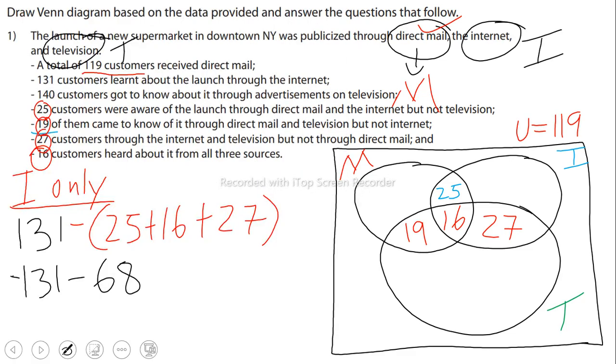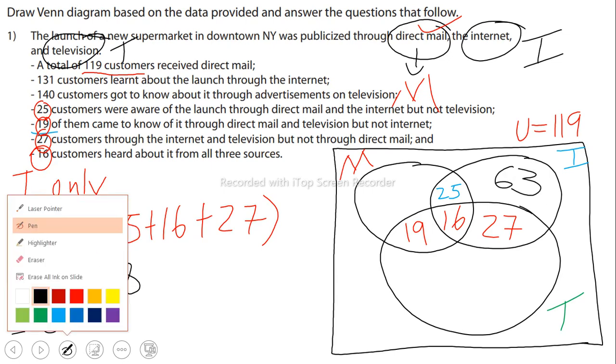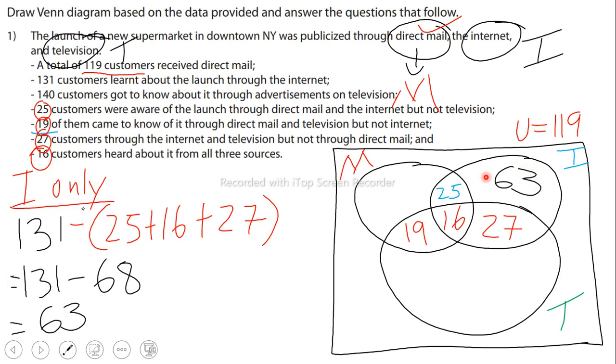So 131 minus 68 is equal to 63. So this is 63. So we can clearly see that 63 plus 25 plus 16 plus 27 is the 131 that they told us. All right, that's important.